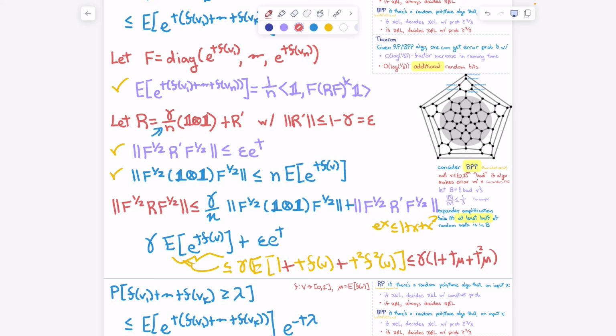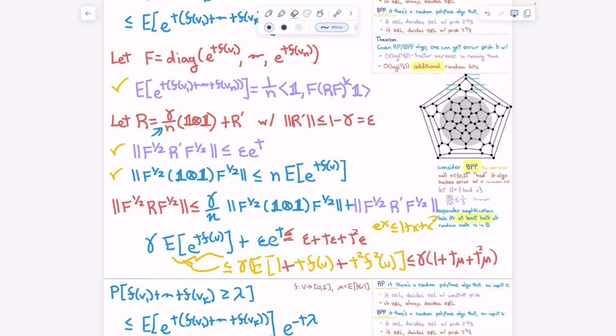And meanwhile, this one, likewise, is at most epsilon plus t epsilon plus t squared epsilon. Oh no, sorry, there's no epsilon squared. Something like this.